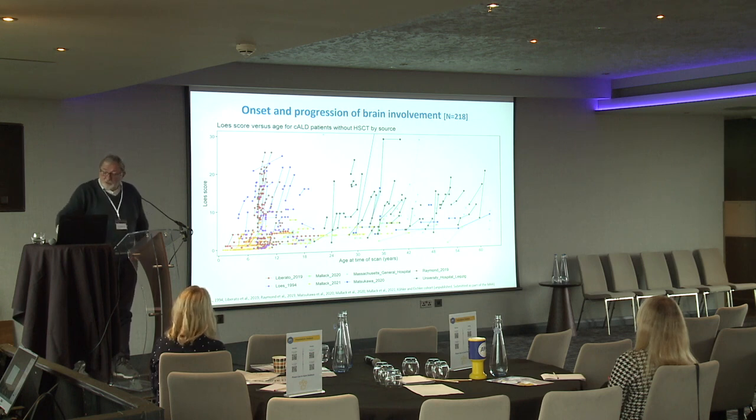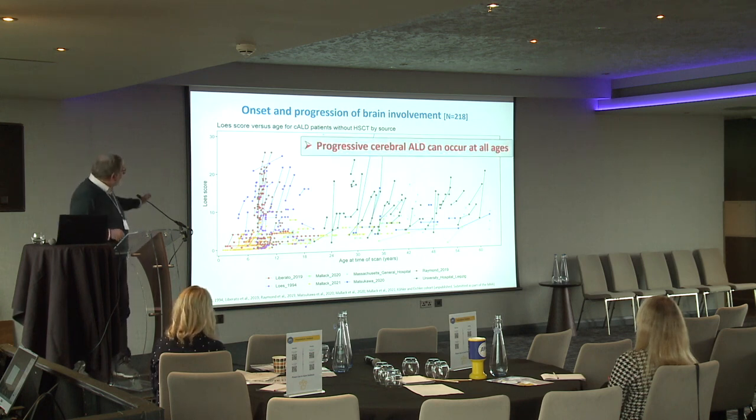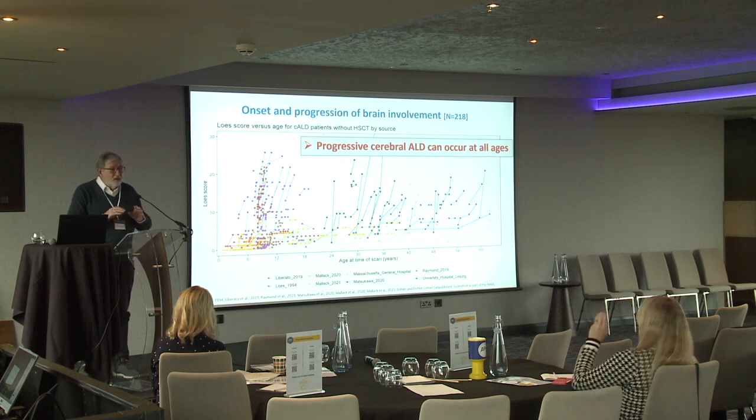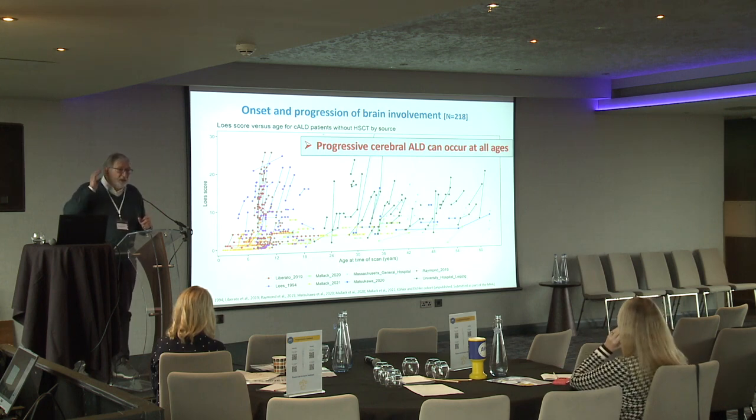Why I'm showing this is that you can see cerebral ALD can occur at all ages. It's not only restricted to children. It can affect adults at all ages. So you never rest in looking for cerebral involvement, so you have to go to the MRI on a yearly basis.